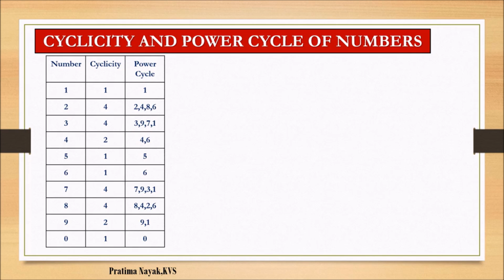For number 1, it has only one cyclicity and the power cycle is 1. What does it mean? 1 power 2 is 1, 1 power 3 is also 1, 1 power 4 is also 1. That means for any power I'm getting 1.